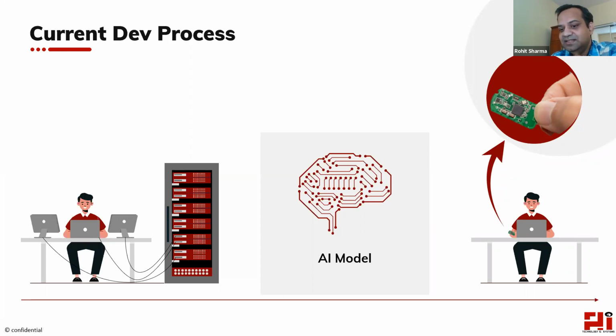Now, there are a lot of challenges. For example, the skill set that you need ranges from data scientist to an embedded developer, which is hard to find. The second one is ever-evolving AI models, which are complex. Number three is missing software stack, and that is our forte, which we are working on.